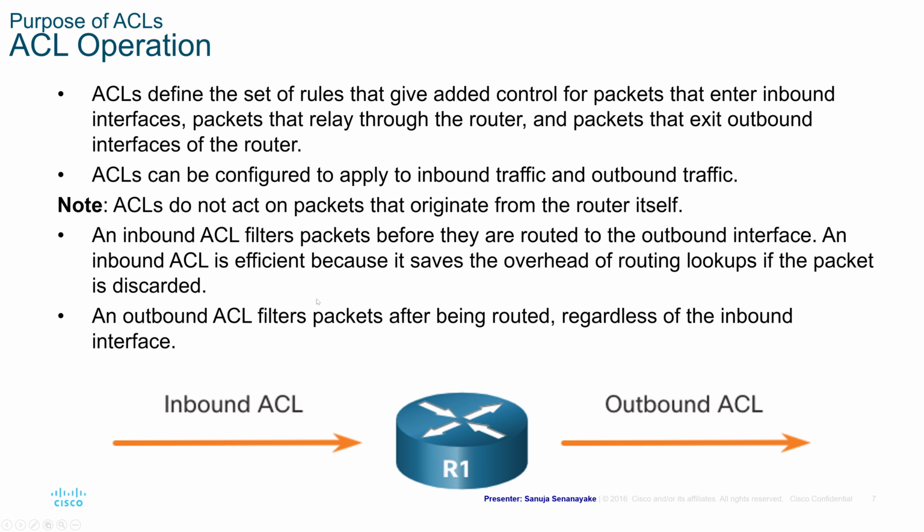So those are two different ways that you can apply ACLs: inbound interface or outbound interface. And also keep in mind, the ACLs do not act on packets that originate from the router itself. They only act on the packets that pass through the router.